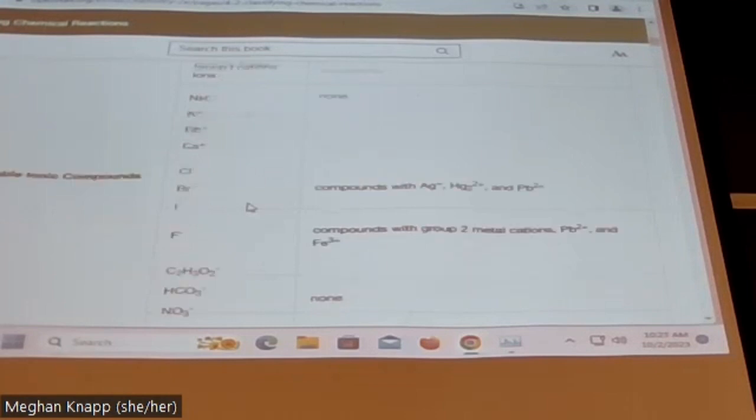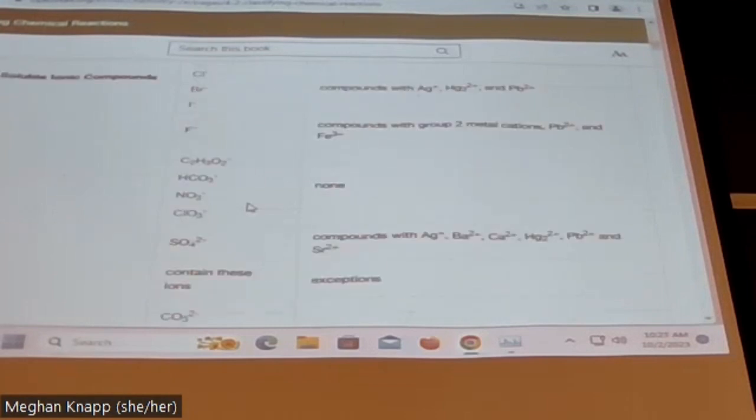All right, let's see if there's anything else that fits into this. These are our ones that are always soluble. So we have acetate. Oh, they have chlorate here, and they have bicarbonate. So we can add those to our list. I said perchlorate, but also chlorate, and then hydrogen carbonate or bicarbonate.